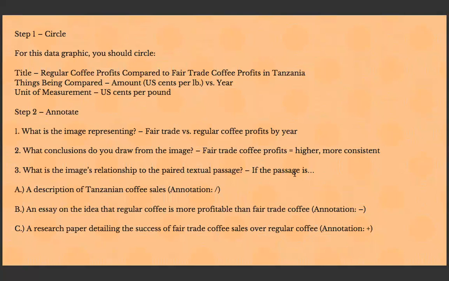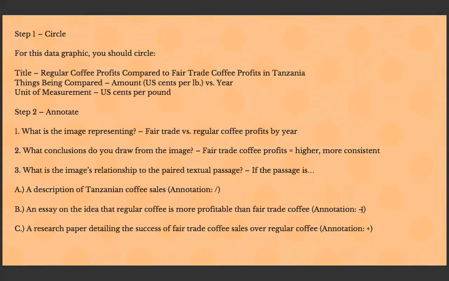If the passage is A, a description of Tanzanian coffee sales, then chances are you're going to use a slash because it doesn't really apply. If the passage is an essay on the idea that regular coffee is more profitable than fair trade coffee, then that's definitely not what it's trying to communicate.